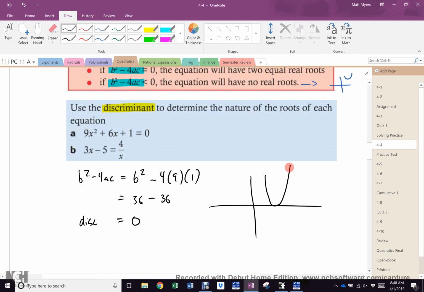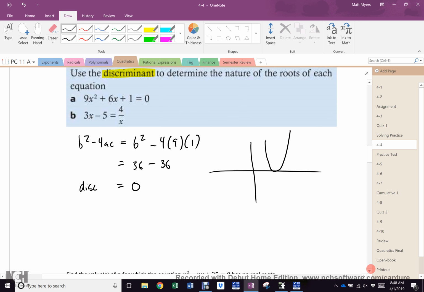Now, what's weird about B? There's a fraction. What else is weird about it? It's on the other side, Emma. It doesn't equal 0. And there's one other thing that makes it weird for this unit. What's missing? The x is not squared. Okay?